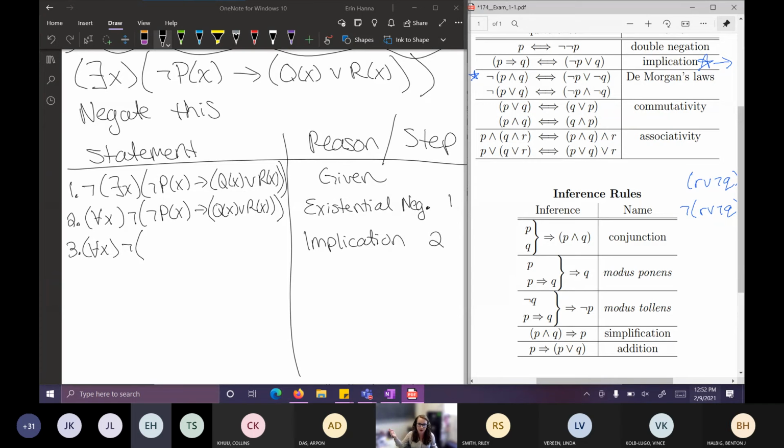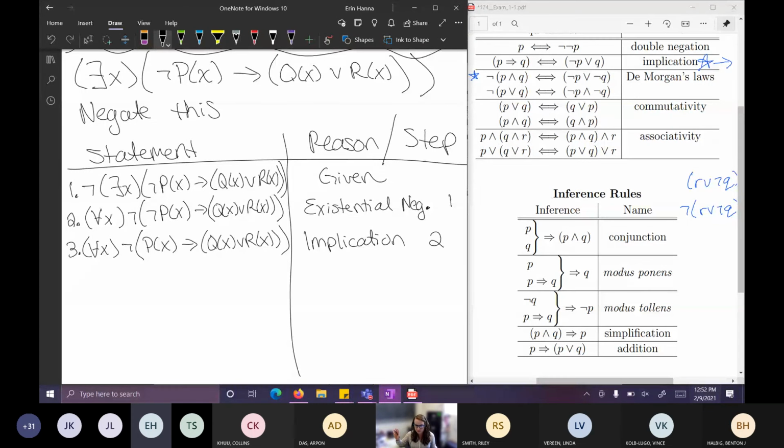I could pick up another negation and write not p of x, but I can also just write regular p of x. The only one you really need to be careful on is De Morgan's. The De Morgan's you can't just skip. The De Morgan's always needs to write not if you already had a negation. But with the implication rule, you can save yourself an extra step of doing double negation by just making it switch to the other sign, if you will.